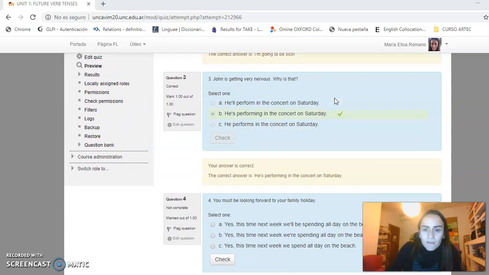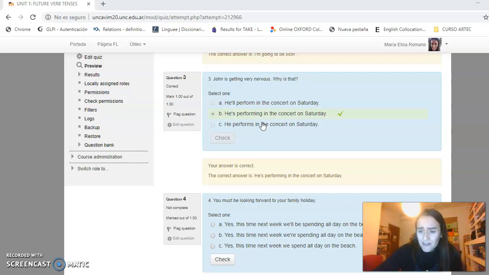Then question number 3, John is getting very nervous. Why is that? He's performing in the concert on Saturday. That is the correct answer, B, he's performing, the present continuous or present progressive. Why do we use the present progressive? You probably know this already, but we're going to refresh those concepts.